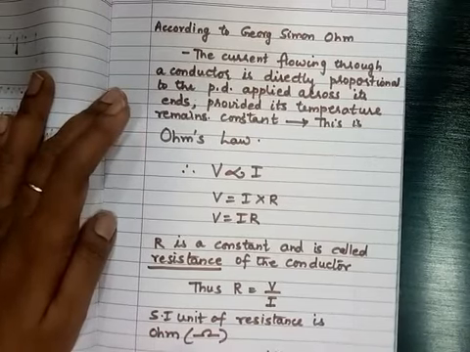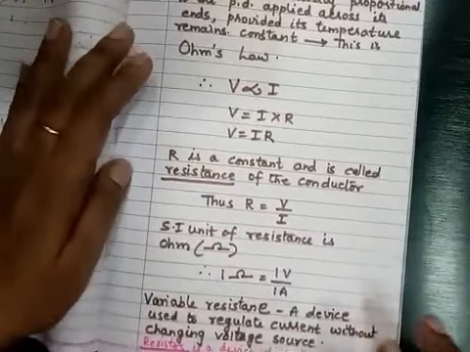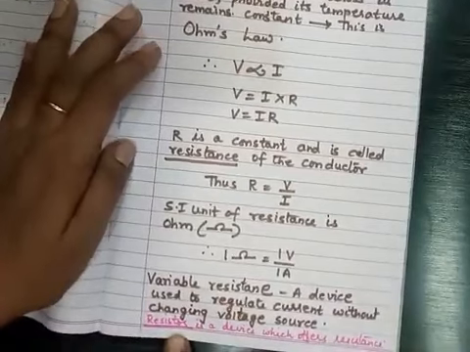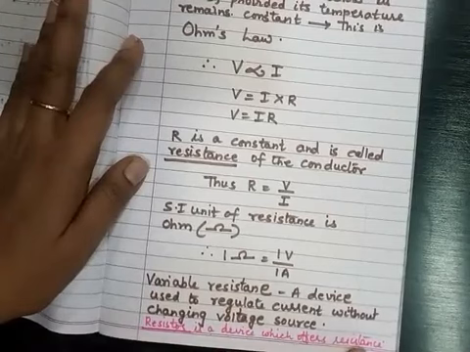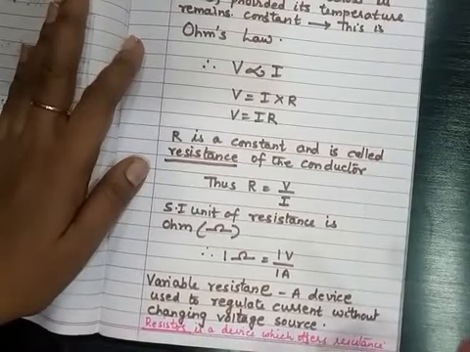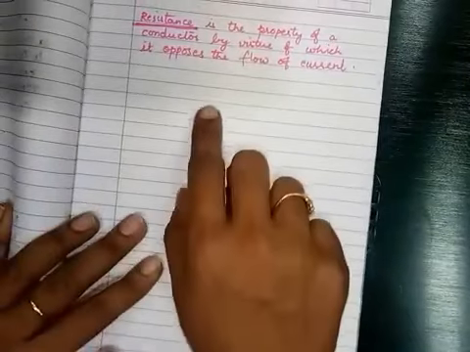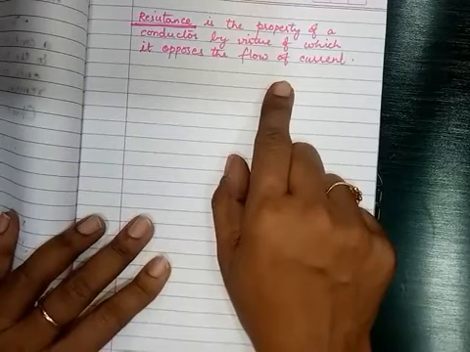Now you can also see that to measure this resistance, or to provide this resistance in a circuit, there is a device which is called a resistor. So resistor is a device which offers resistance. What is precisely resistance? Resistance is the property of a conductor by virtue of which it opposes the flow of current.